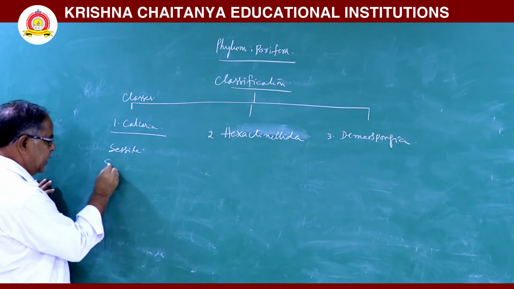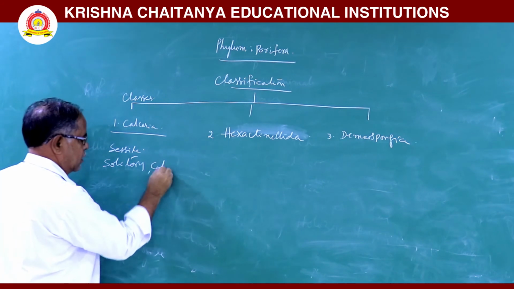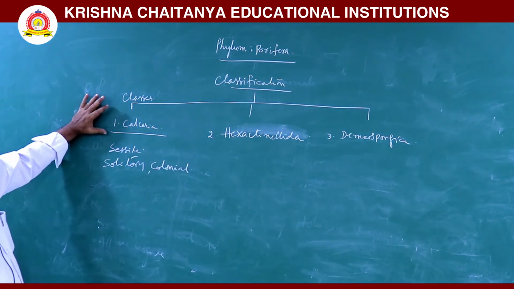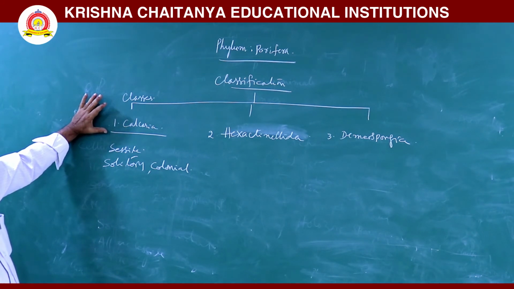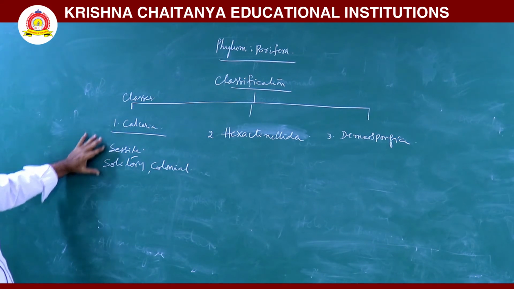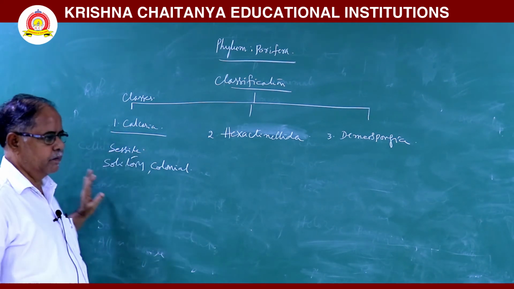Some are solitary. Some are colonial form. Now, the animals which are included in class Calcarea, all are sessile. Some are solitary. Some are colonial.